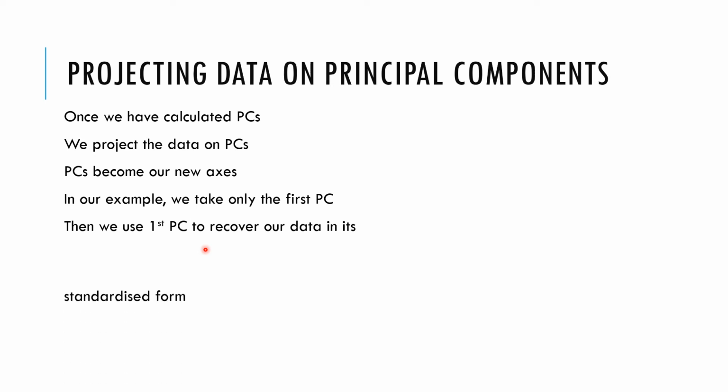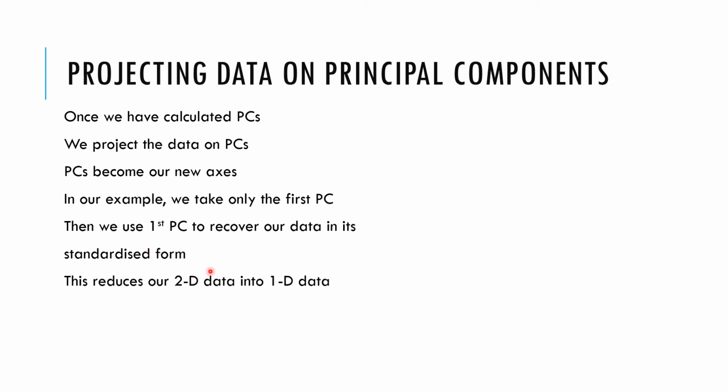To recover the data, we recover it in its standardized form, because PC only gives us the principal components. We used the standardized data and eigenvectors to get PCs. Now we will use PC and eigenvector to get back our standardized data.